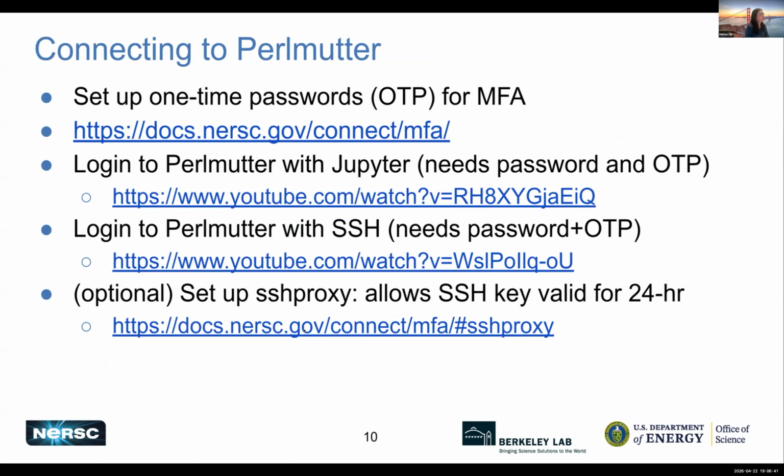For SSH, if you're familiar with that, it's quite easy. Basically, it's ssh perlmutter.nersc.gov, and we have lots of information on the slide for you. There's a YouTube video, and there's also a way to set up SSH proxy that allows your key to be valid for 24 hours, so you don't have to type password and OTP for another 24 hours. So check out these links if you haven't done that.